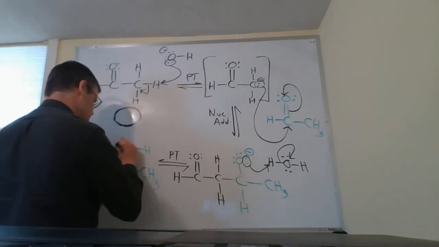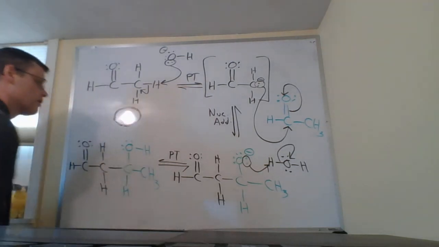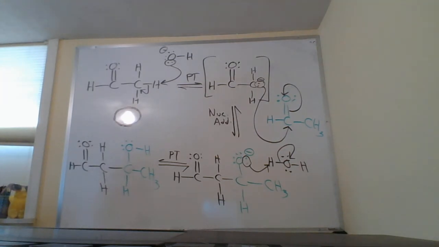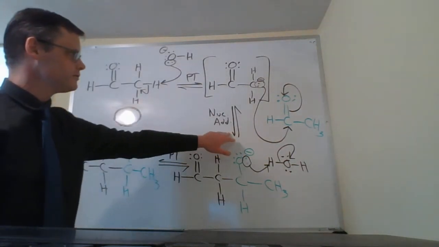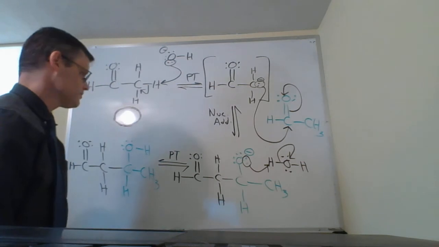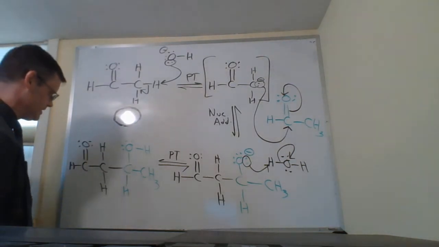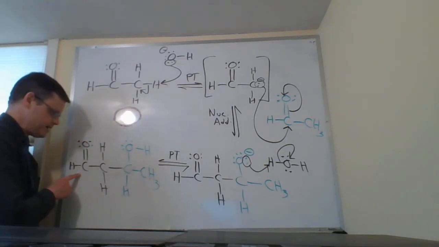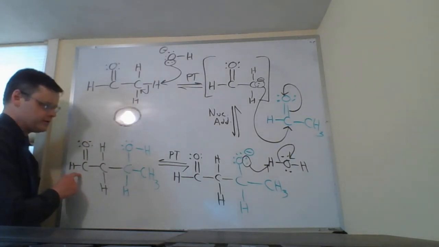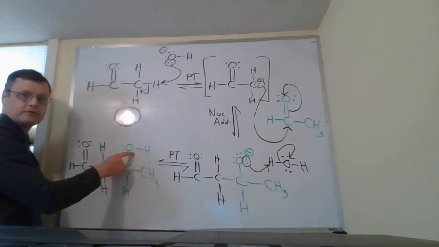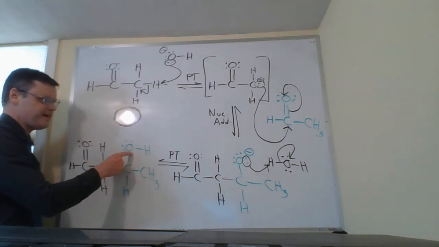So in summary here, our base catalyzed aldol addition has a proton transfer followed by a nucleophilic addition followed by another proton transfer. Now, can anybody guess why it's called an aldol reaction? Here's the answer. We have an aldehyde here. That's the ald part, and we have an alcohol here.